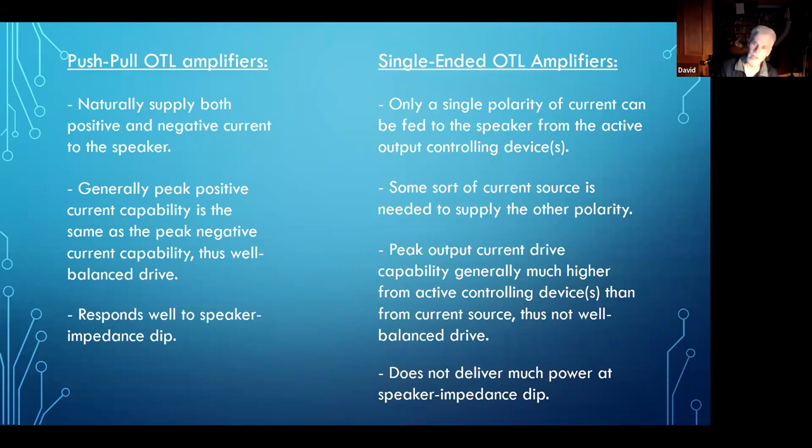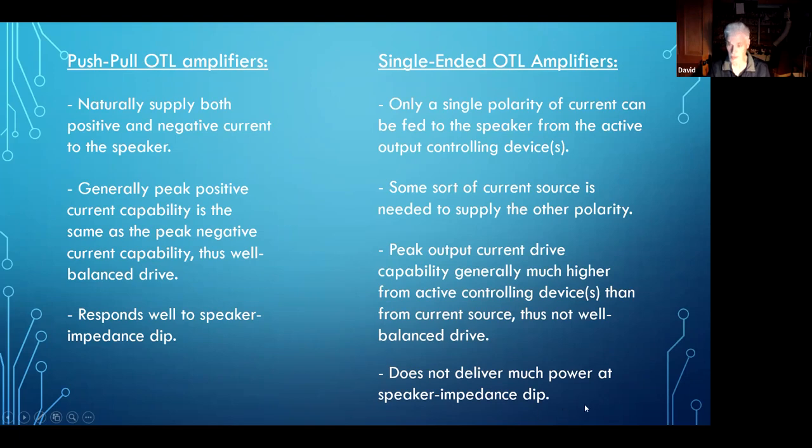You may need to store energy to do that. There are different ways to do current sources, and I'll talk about a couple of them. But moving on, the peak output current drive capability is generally much higher from the active controlling devices than from the current source. Thus, it's not a well-balanced drive.